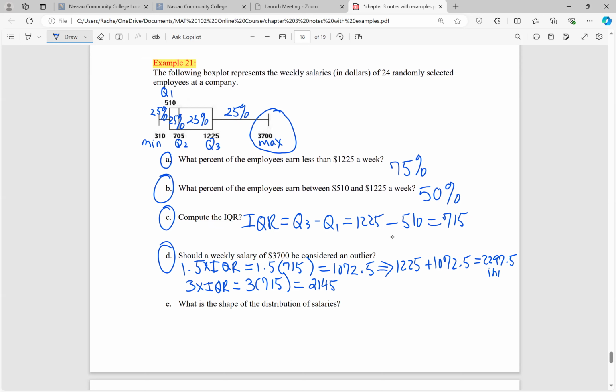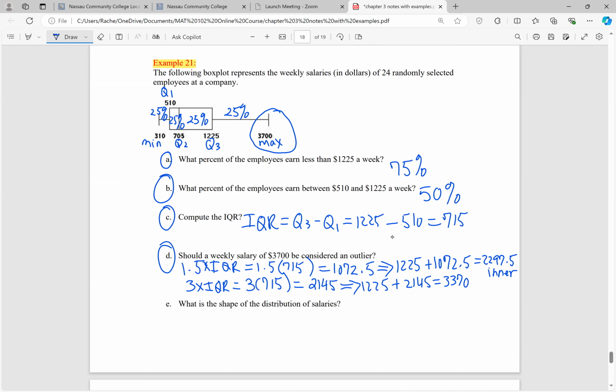So this is my upper inner fence, 2297.5. And now I have to take 3 times the interquartile range, which is 2145, and I'm going to add that to Q3. So I'm going to take 1225 plus 2145, and we're going to get 3370.